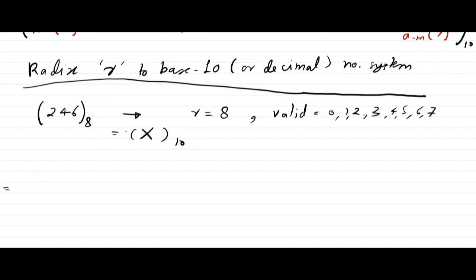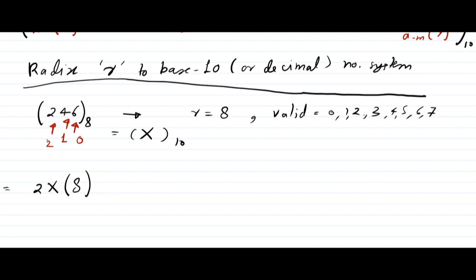For that, you have to use the same formula. You have to see the place value. See, this is the first number, or LSB, so its place value is 0. Its place value is 1 and its place value is 2. So its expanded version will be 2 multiplied by the original base, which is 8, raised to the power of the place value.